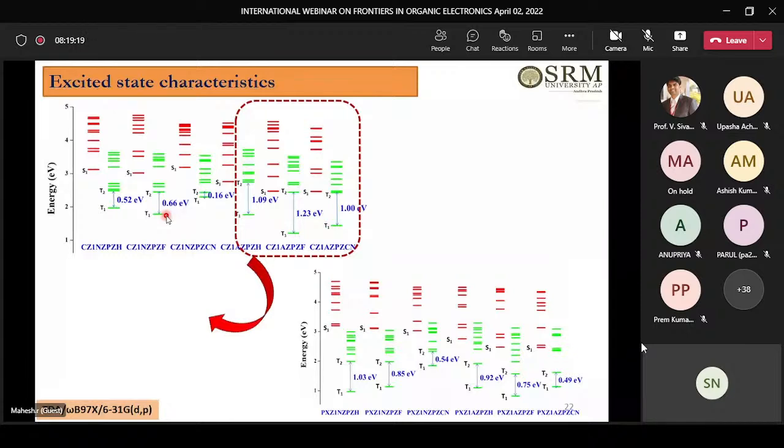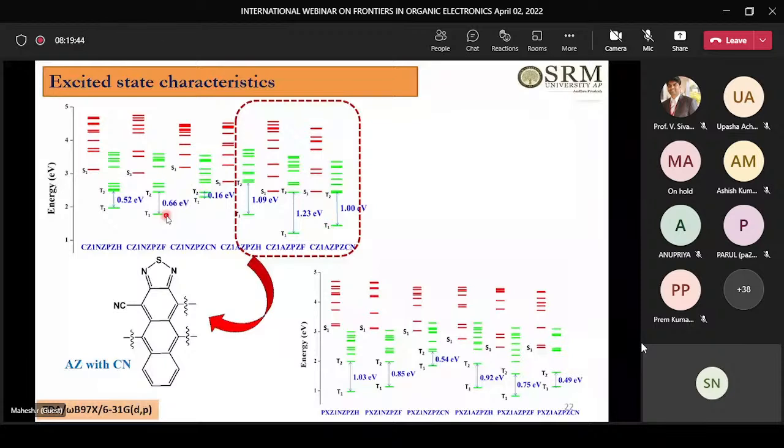Of these three molecules, carbazole as the donor unit and anthracene based thiazole as the pi bridge is a potential choice for designing hot exciton based TADF emitters.